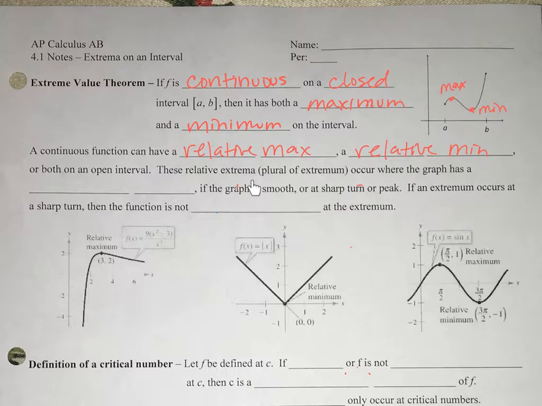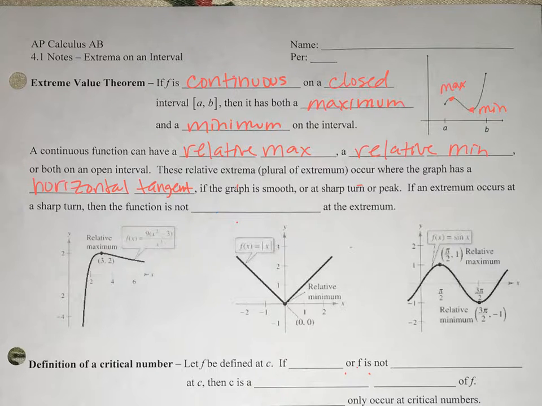These relative extrema, now the word extrema is a plural. The singular form would be extremum, like a maximum is an extremum or a minimum is an extremum. And these relative extrema occur where the graph has a horizontal tangent, if the graph is smooth.